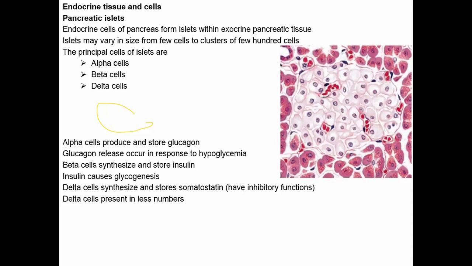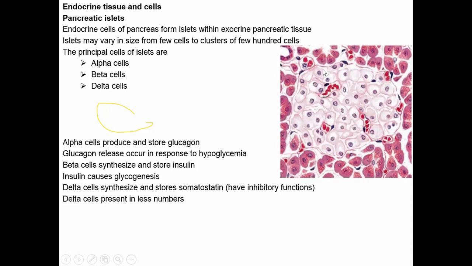The endocrine function of the pancreas is due to the presence of specific clusters, aggregations of cells that form a tissue, and these are called the islets of Langerhans, or the pancreatic islets.